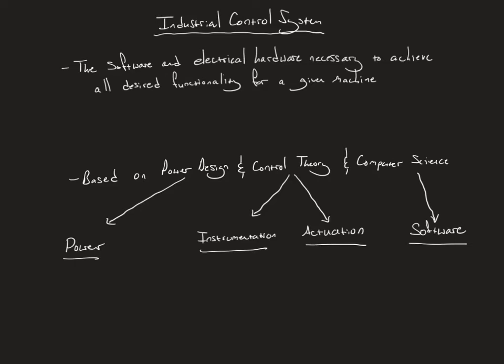But each of these also contributes to another typically considered separate but related concept, which is machine safety. So every industrial machine that is produced in the United States and in most countries around the world is required to have a safety system for asset and human protection.